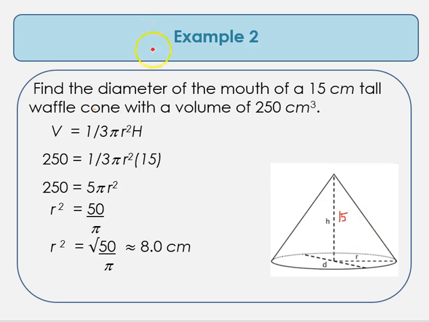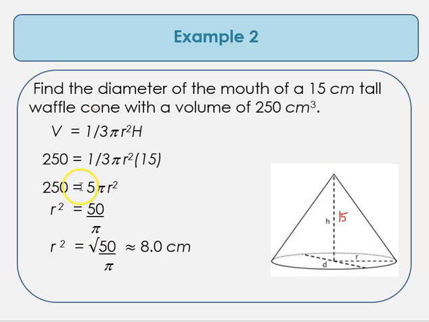So I've added my heights to this drawing and we'll solve. So we have the basic formula for the cone, 1/3 pi r squared h. We know that the volume was 250, so we'll substitute that value. We have 1/3 pi r squared times the height, which is 15.